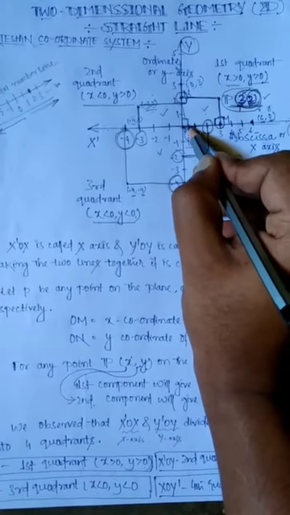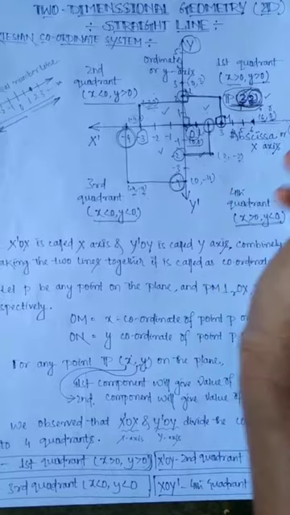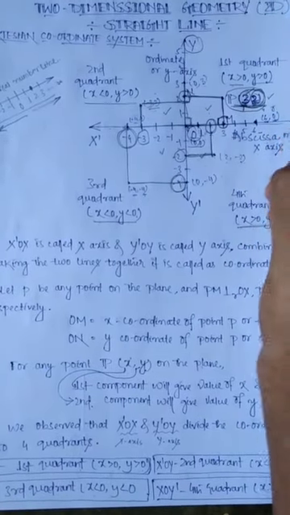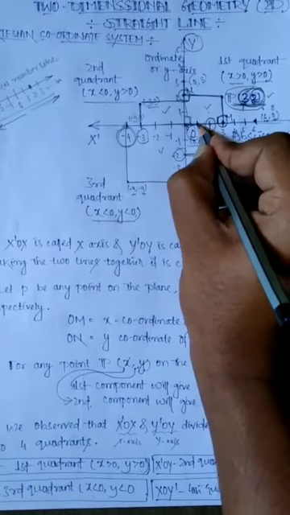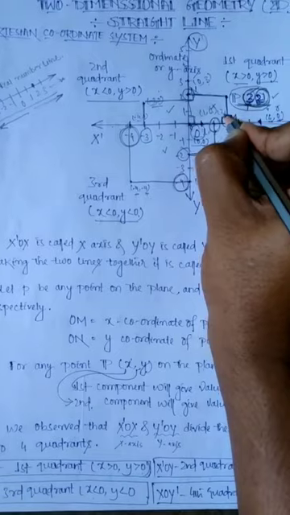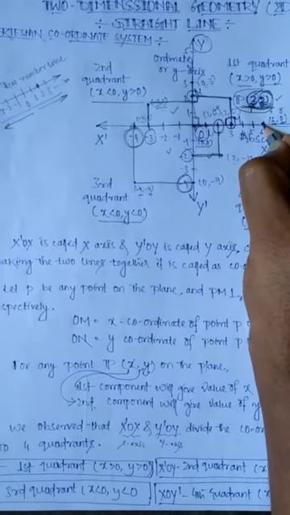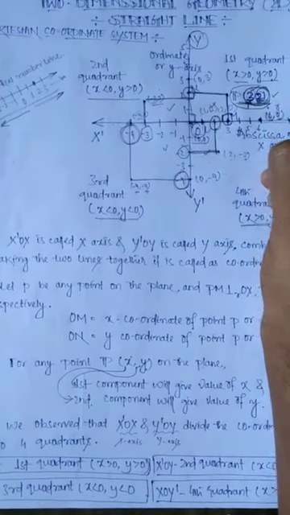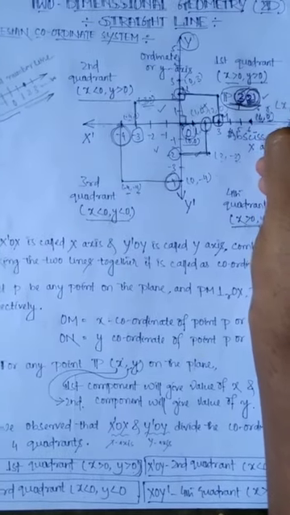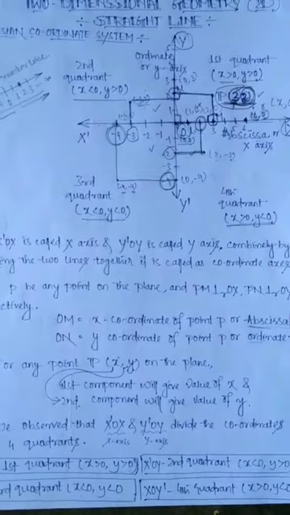Again, if a point is present on the x-axis, then what is the general format of that point? Here, this is the point 1, 0. This is the point 2, 0. And this will be the point 6, 0. And going on, every point on the x-axis will be of the form x, 0.